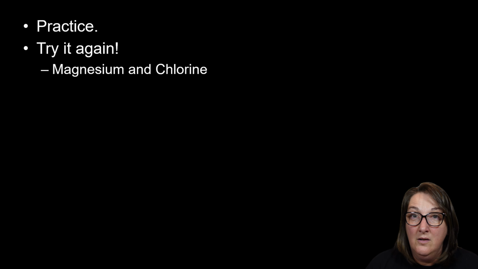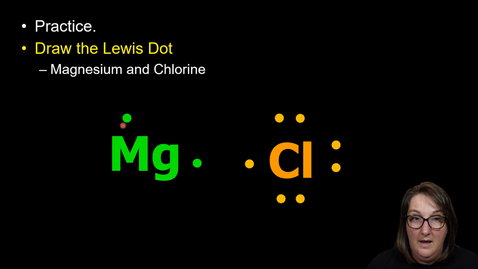All right, let's try a little harder one now. This is our last practice. Okay, I've got magnesium and chlorine. I want you to take a second and try this one out and see if you can kind of do it on your own. All right, so magnesium and chlorine, let's do our Lewis dots. I have magnesium in group 2, chlorine in group 7.